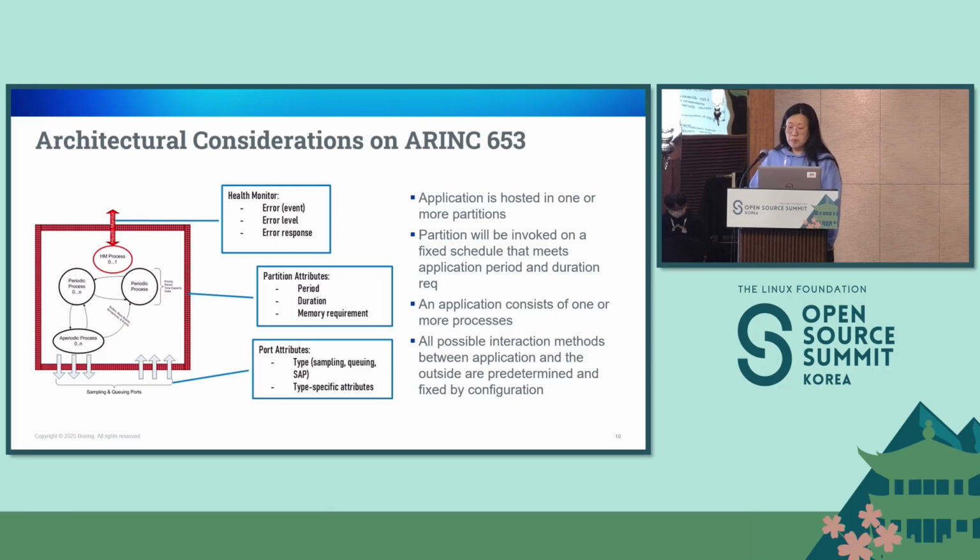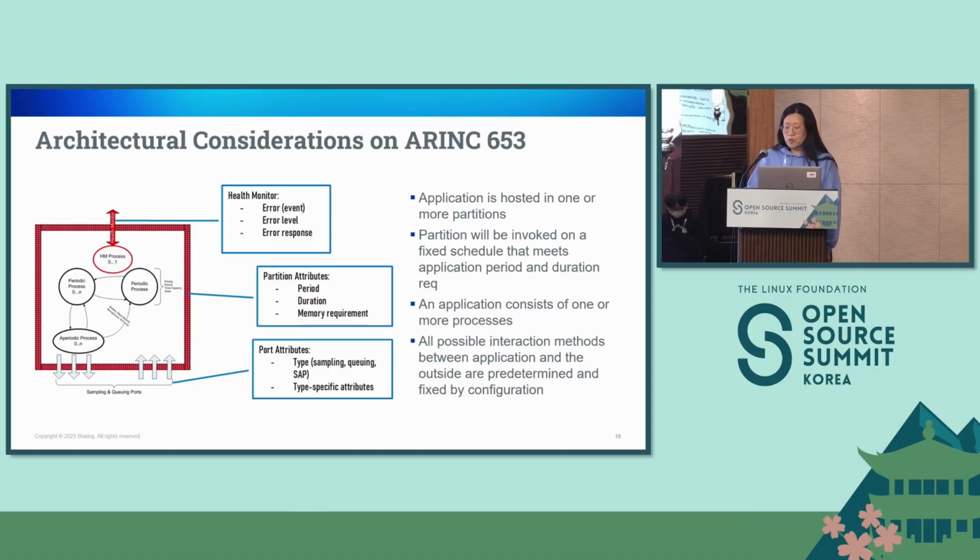The processes might need to communicate with other processes outside of our current partition. In that case, it can be done by inter-partition communication. The inter-partition communication API has the port attribute, so depending on the data to be communicated, we can decide which type of port is created.